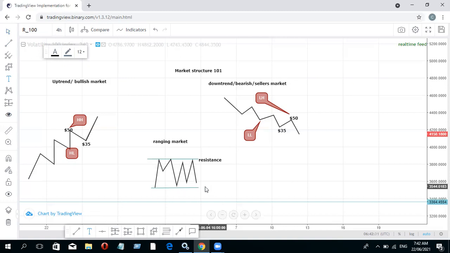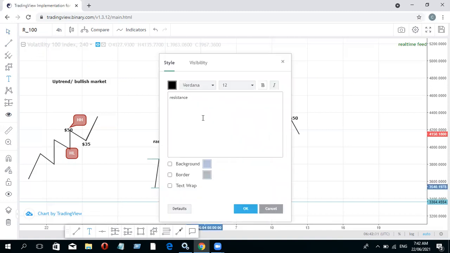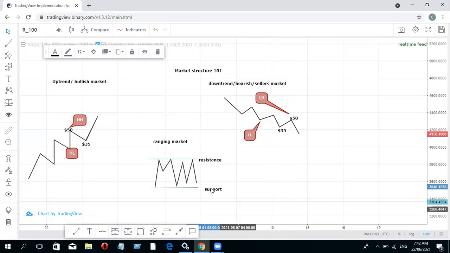So basically, you want to know the kind of markets you're having. You see, this is the third kind of markets we have. You see the market in between a box. So you take your sell from here and you buy from around there, the support. You just identify the box in which the market is bouncing in between.